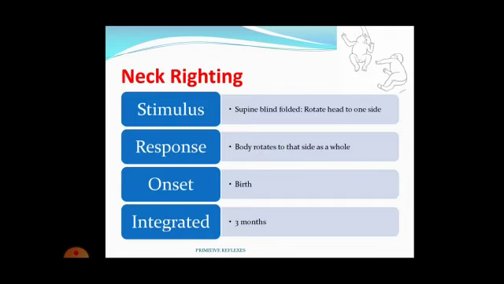So first is neck righting. Clear? So we all know that whenever we are rotating our body, there will be segmental rotation. Like if I want to see on my left side, first my eyes will move to the left, then my head will move, then my shoulder, that is the upper part of the thoracic region, will move. So I will not be moving as a simple log movement, or I am not moving like a statue.